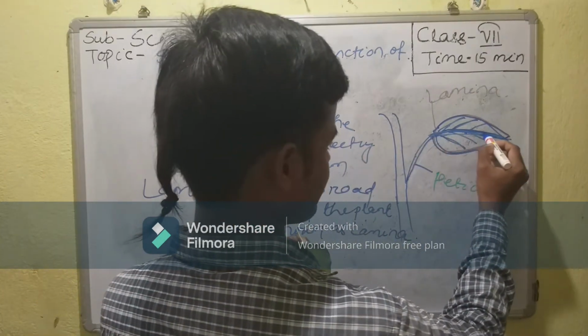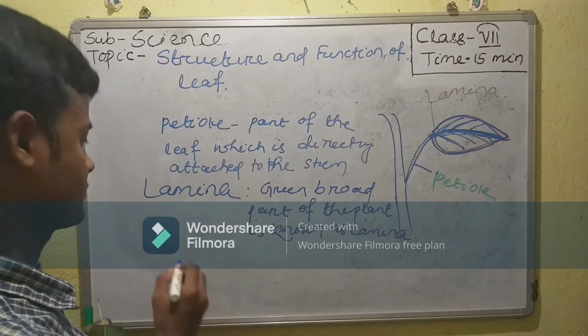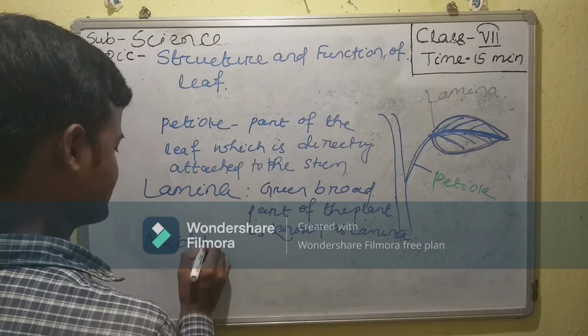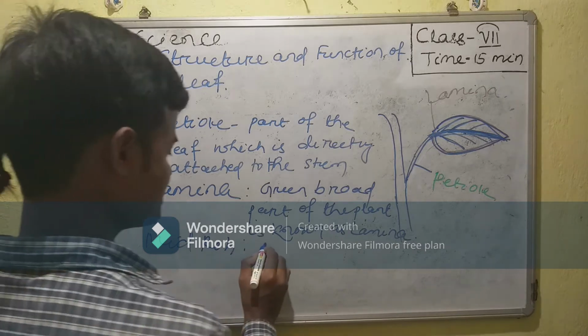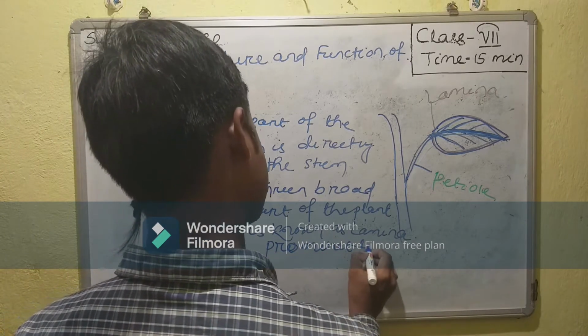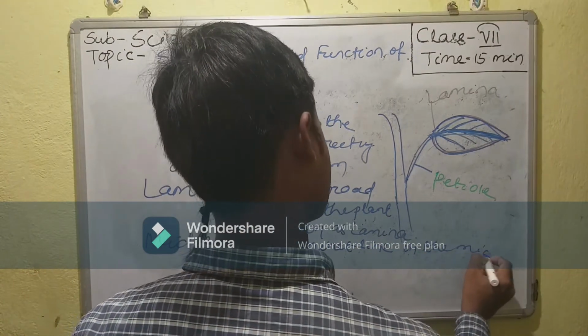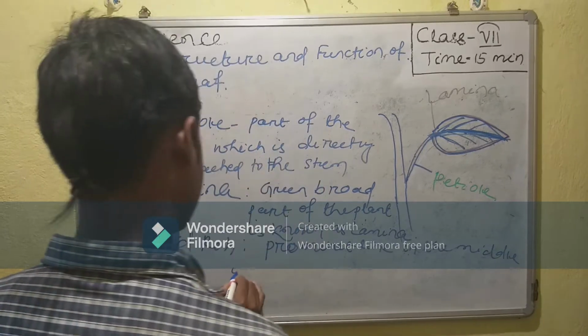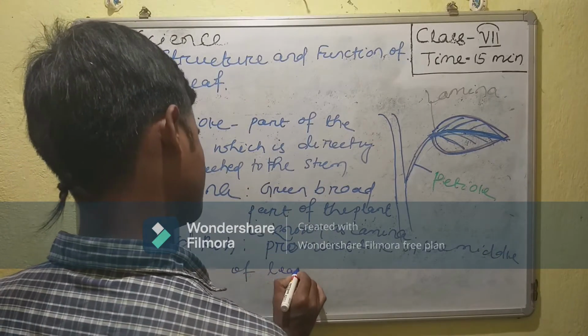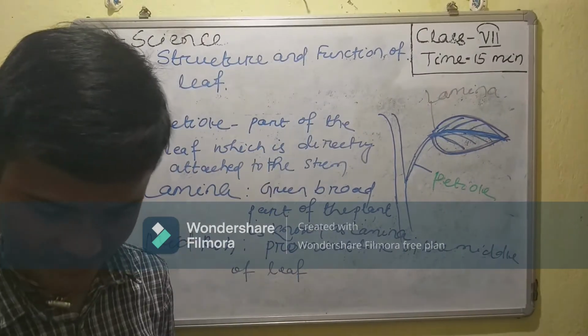The prominent line in the middle of the leaf is known as midrib. Right?